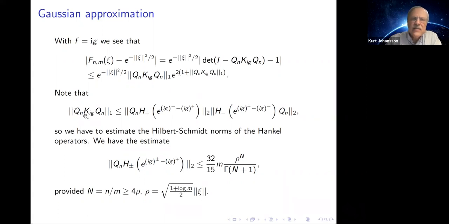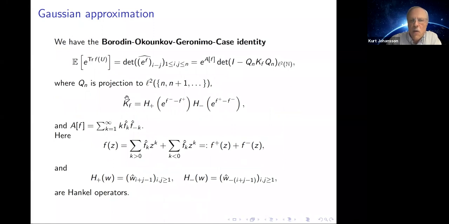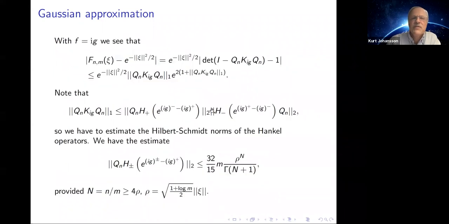And the trace norm, if I go back one page, recall that this operator was the product of two Hankel operators. So the trace norm can be estimated by the Hilbert-Schmidt norms of these two factors. So what I need to control are the Hilbert-Schmidt norms of these Hankel operators.